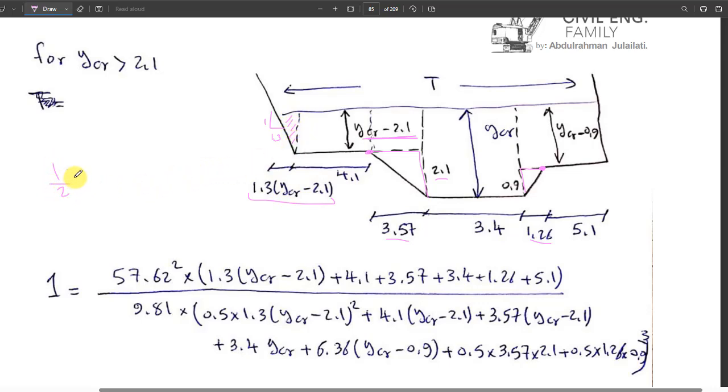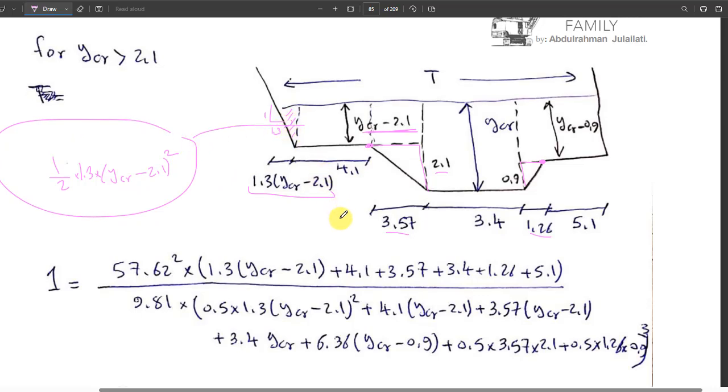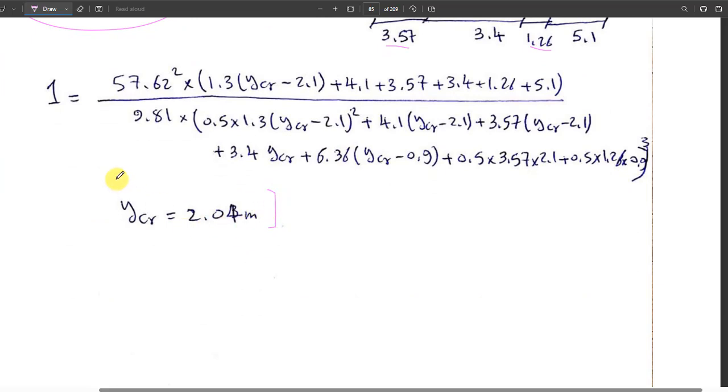It will be half multiplied by 1.3, half times 1.3 times y critical minus 2.1 squared. Make it squared, it will be easier. Okay, directly like that. That one is the area. Okay, and solving for y critical will give us this much.